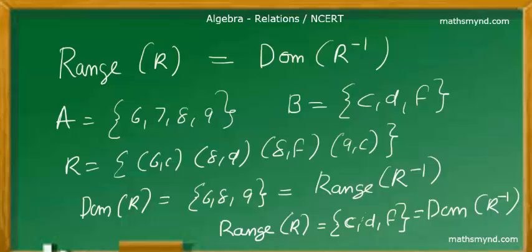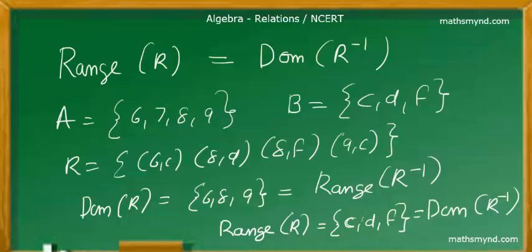I mean, the range of a normal relation, normal relation in the sense of the range which we get from a Cartesian product of set A with set B, would actually become the domain of that particular relation in inverse.